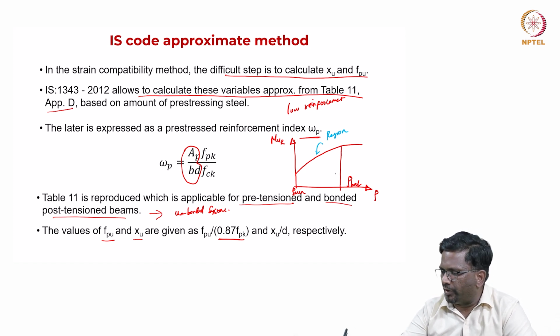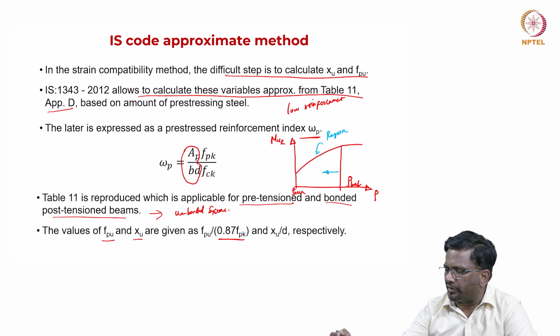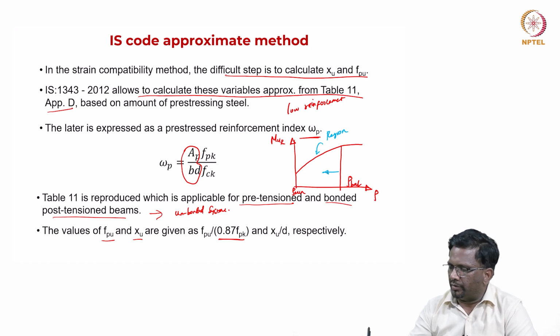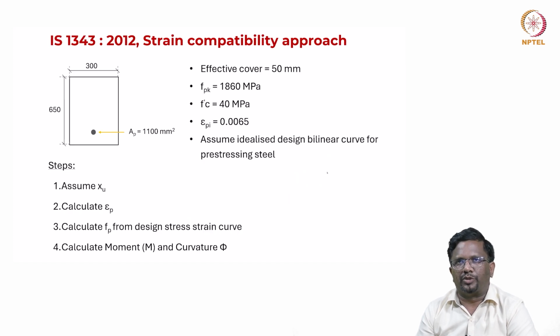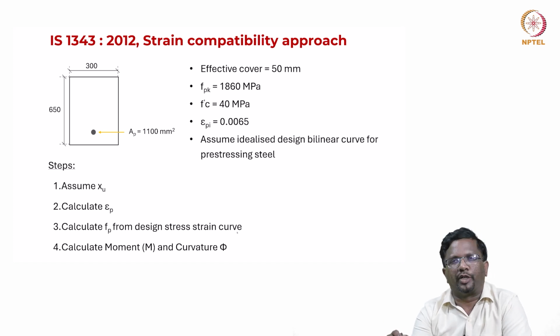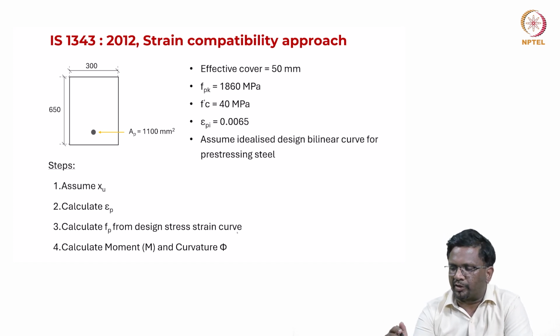And we know that when the reinforcement is less than rho balanced, we are in the under reinforced regime, which means the steel is going to reach yielding. So, we have to look at all these things and see how to use them in the calculations. Now, for this particular cross section, let us see what values we get from both the strain compatibility approach and the approximate method.